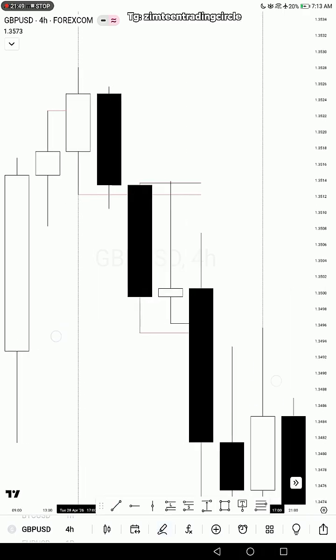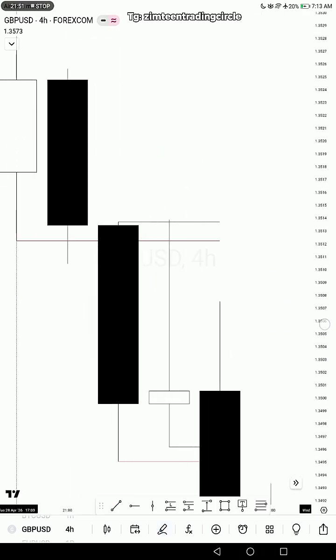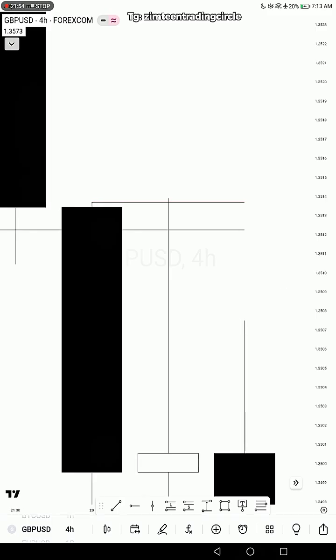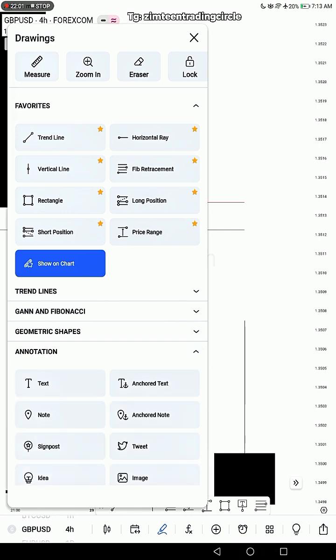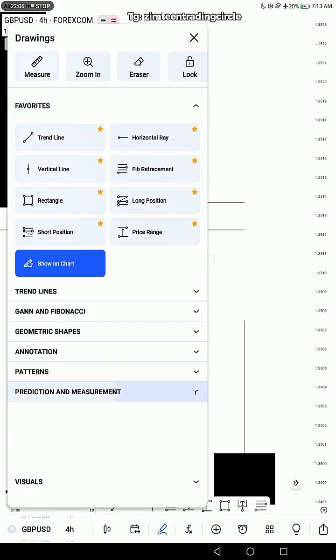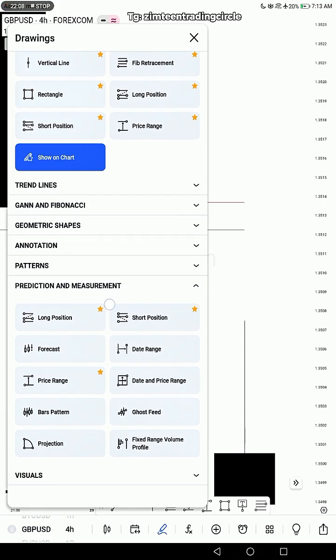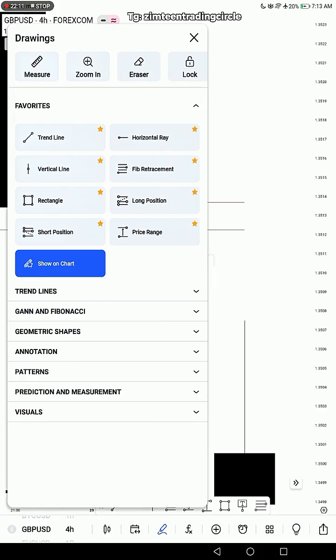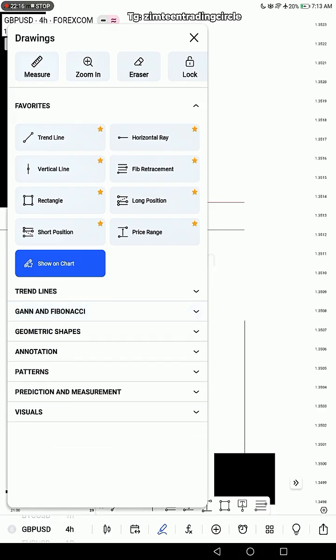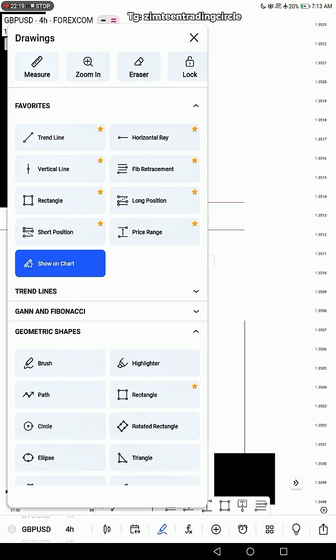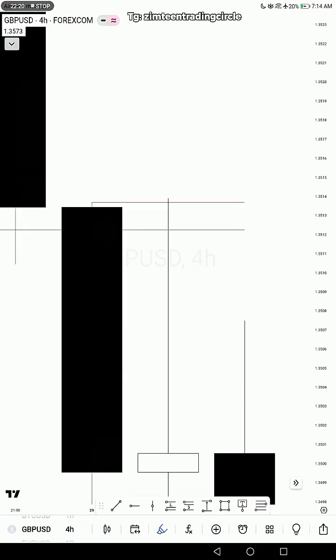And observe right here carefully. There was a liquidity sweep. Let's just mark it out. This video is getting longer, and I don't really like it.